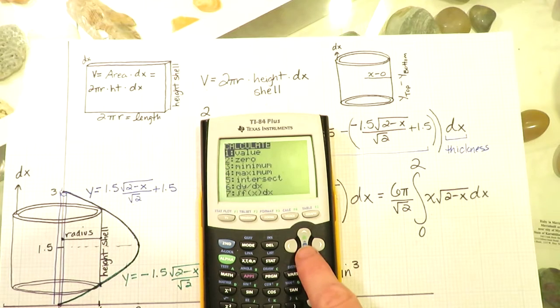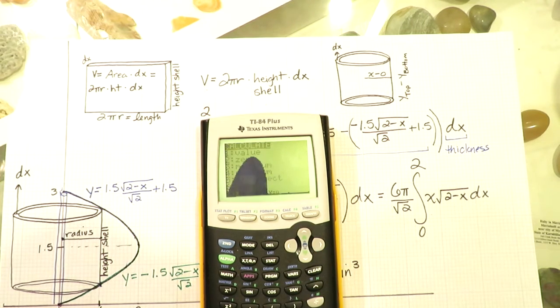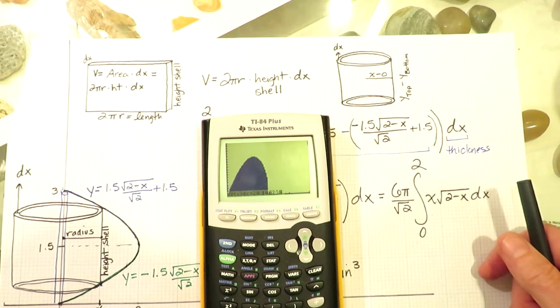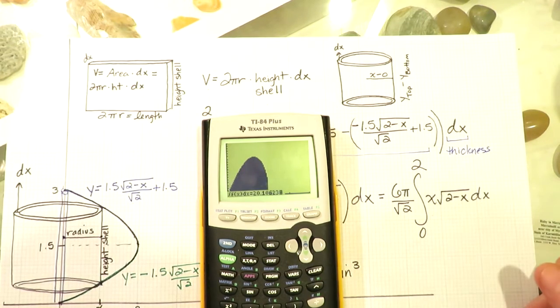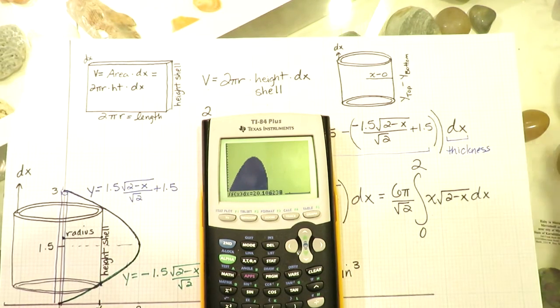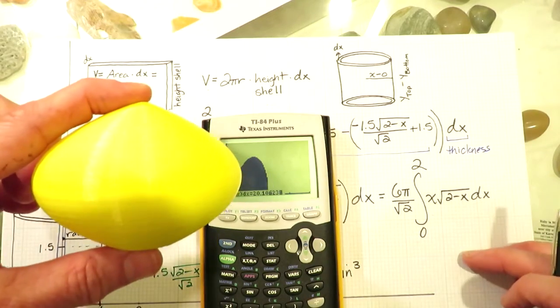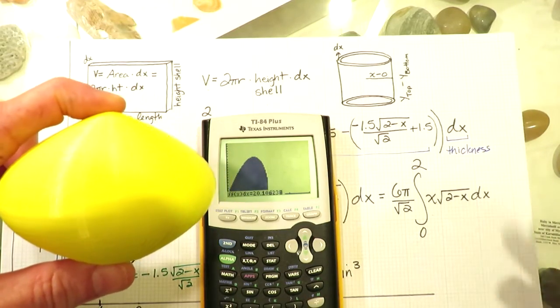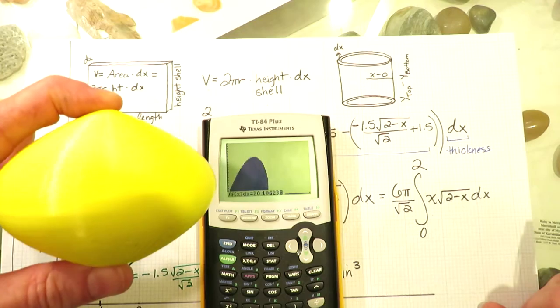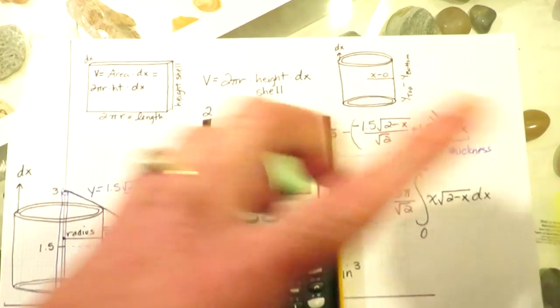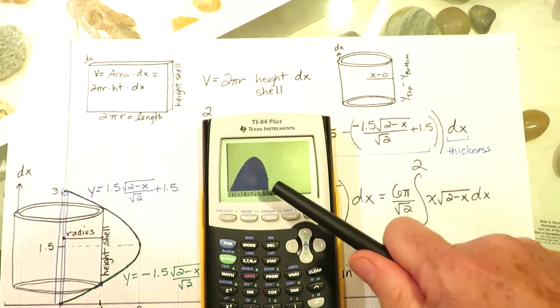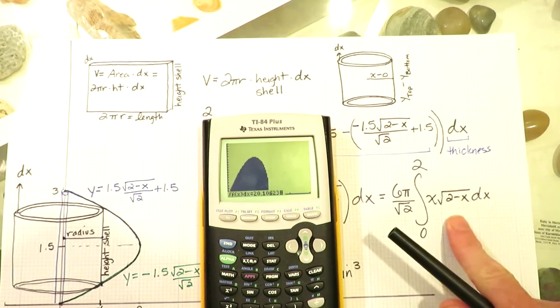So again, if I run the integral program and I say lower limit 0, upper limit 2, it's already shaded in, but it's shading it in again, and it will give us our value 20.10. So the volume of this shape is just a little bit more than 20 cubic inches, but that's numerically equivalent to the area underneath this curve.